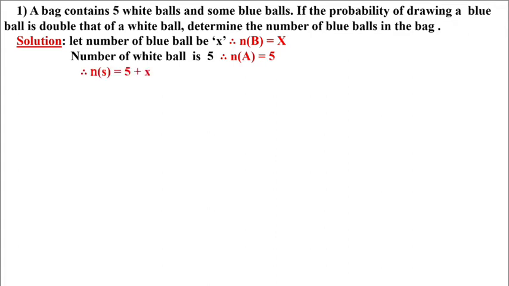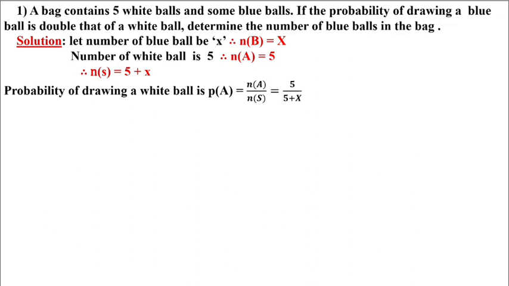Now students, the number of samples is 5 plus x, because white ball is given 5 and blue ball is given x. This will be our total number of balls.